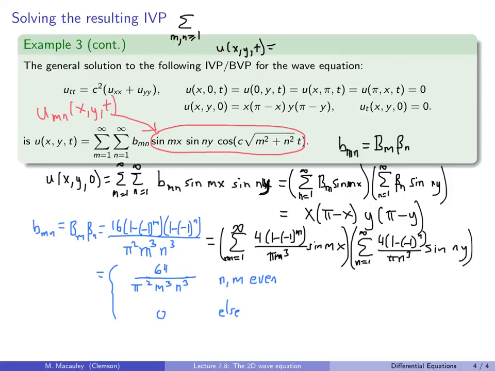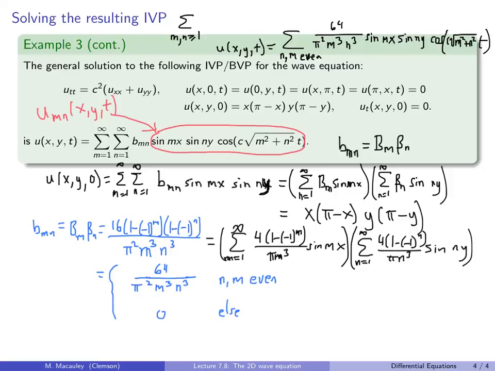Let's write it like this: a sum over all m and n with nonzero coefficients, and now we can write this as 64 over pi squared m cubed n cubed times sine of mx times sine of ny times cosine of c times root m squared plus n squared times t.